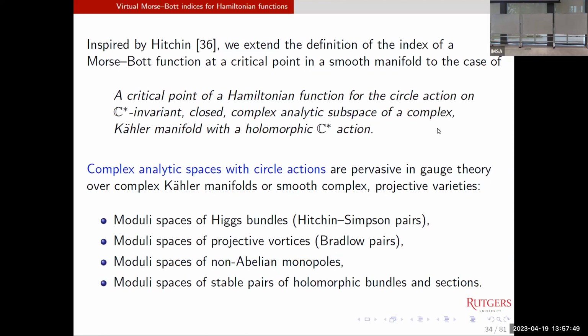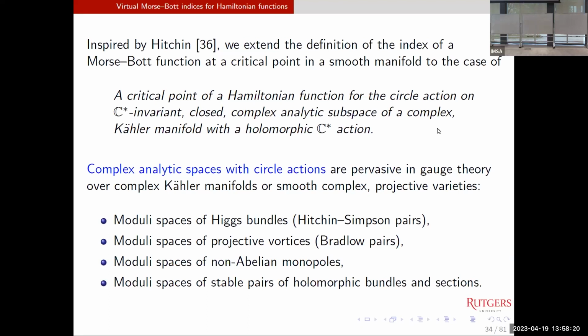So the key thing to keep in mind is that if you have a C-star action on some nice complex manifold, and you have some complex subspace, then you can restrict the Hamiltonian function from a nice ambient complex manifold to the singular complex subspace, and get some useful information by doing it.